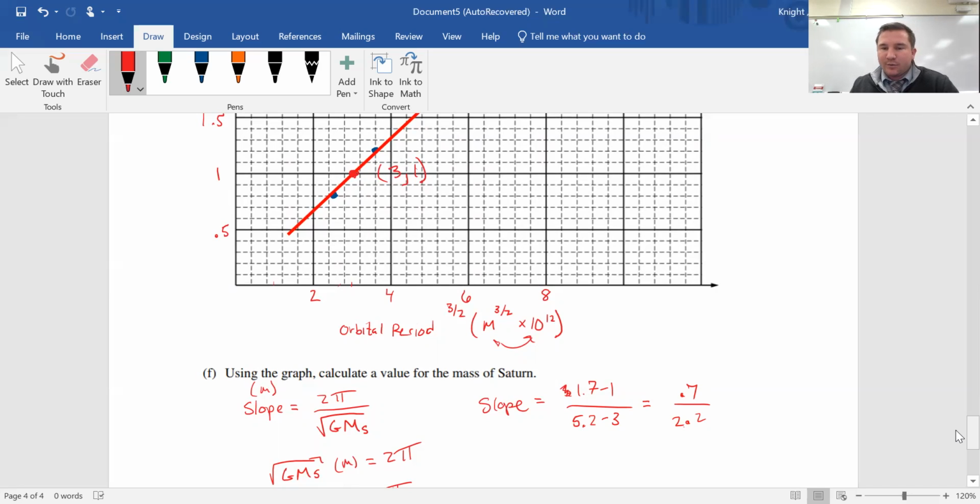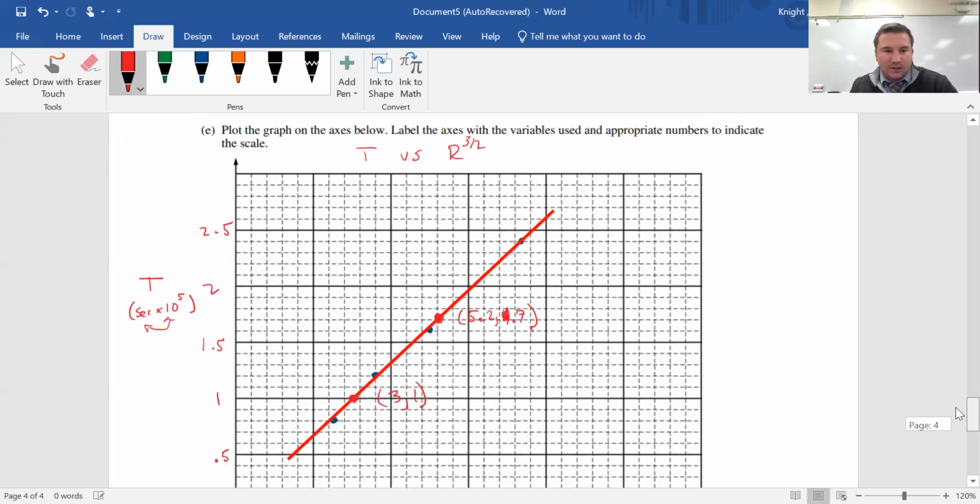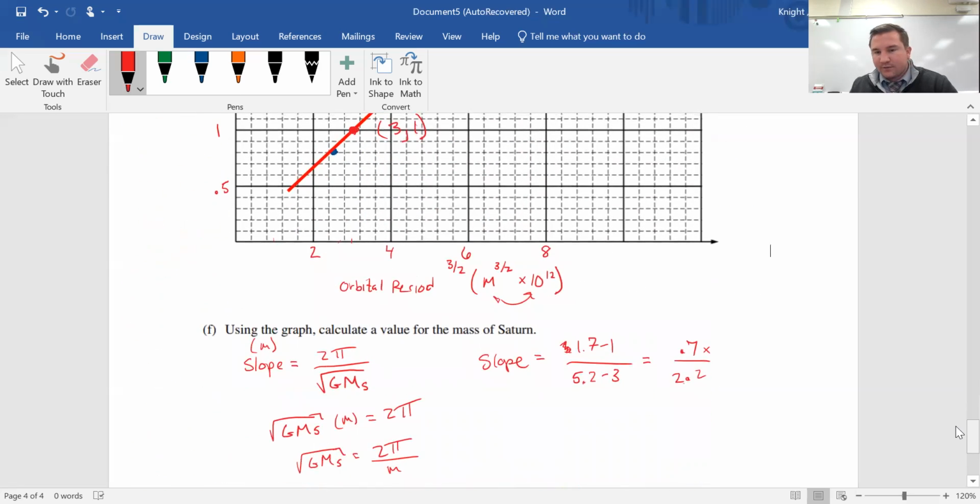Before I forget to do it, I should put in the exponents. The y is measured in times 10 to the 5th. So this is 0.7 times 10 to the 5th. This is 2.2 times 10 to the 12th. Can't forget that. So 0.7 times 10 to the 5th divided by 2.2 times 10 to the 12th will give me 3.18 times 10 to the negative 8th.